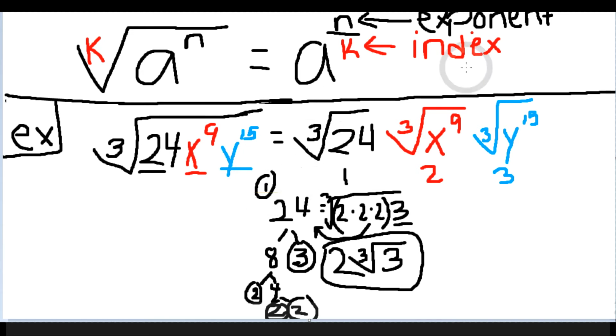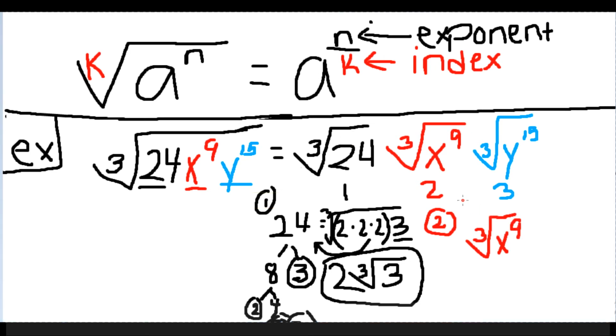Now let me move on to my second piece, which is, of course, this cube root of x to the 9th. Well, you guys, what did I just learn? I just learned that I can rewrite this in exponential form. In fact, all I need to do is take my base to the exponent and divide it by my index.